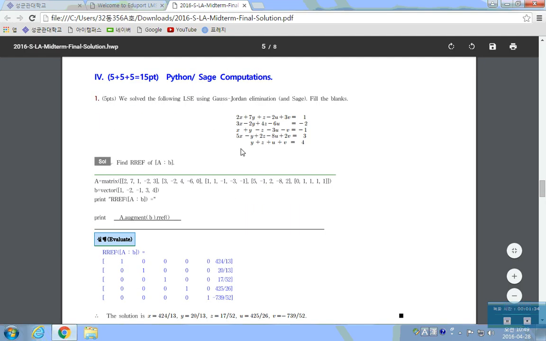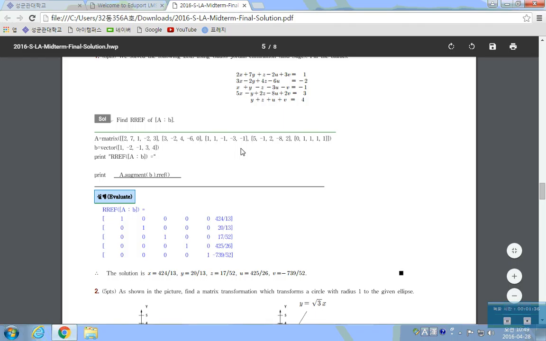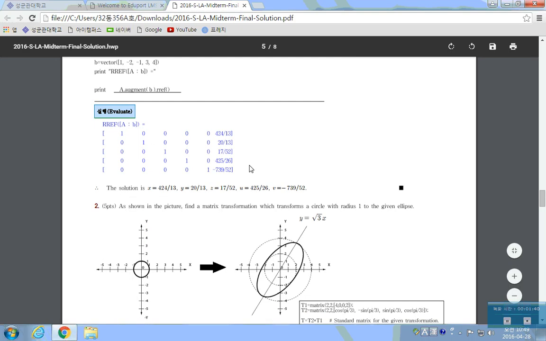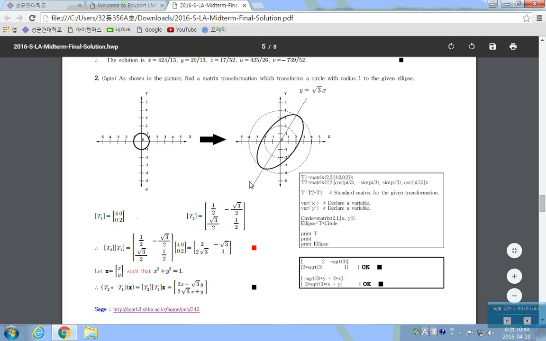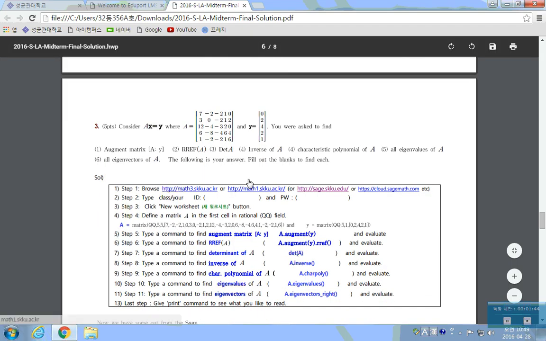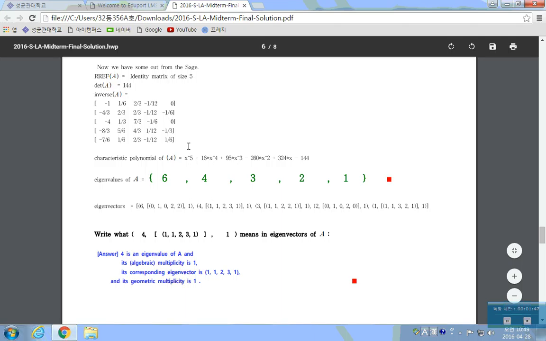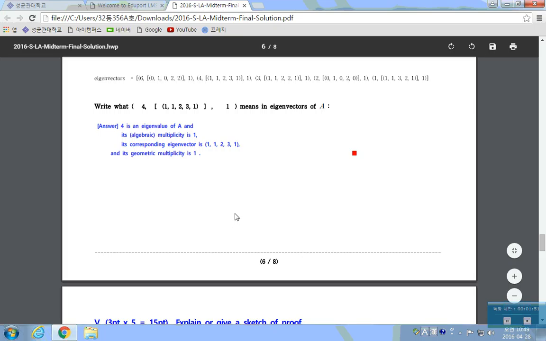I also asked about your computational skills in dealing with linear algebra problems in SageMath, and I asked you the concept and the meaning of the command and the output.